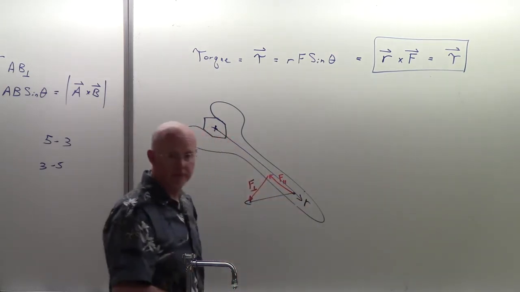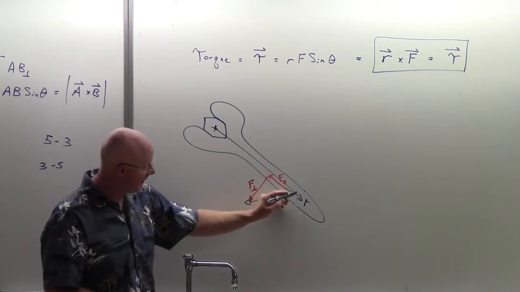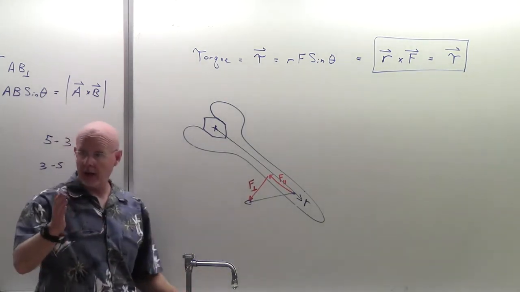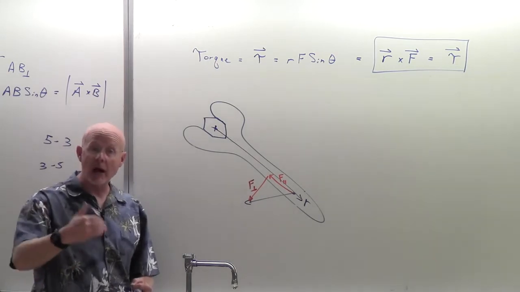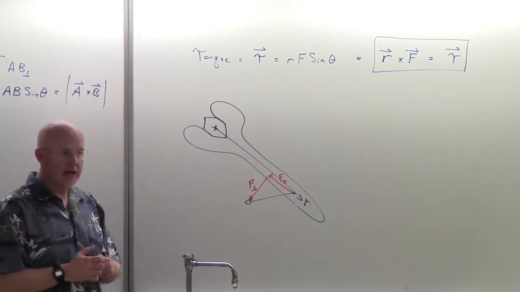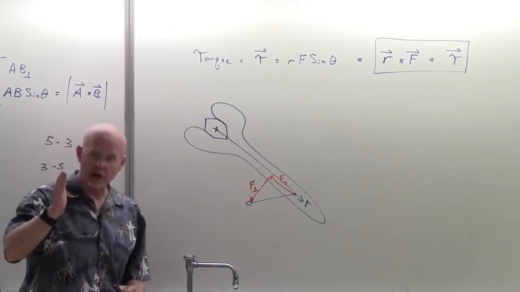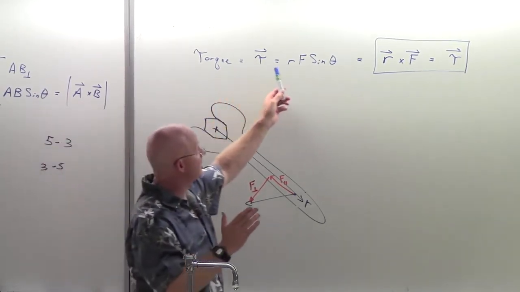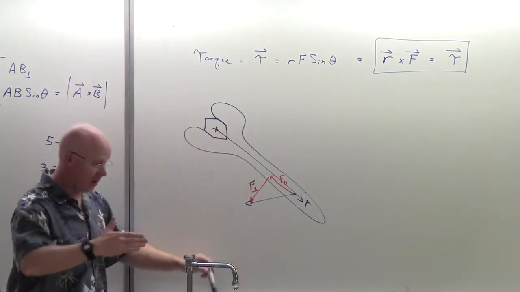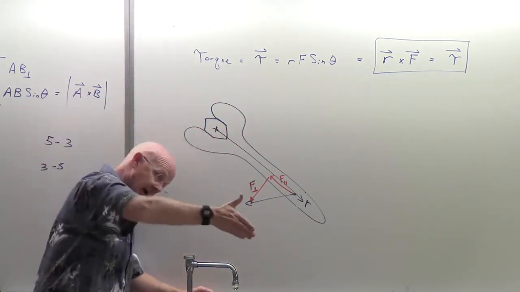So there's R. And there's F. So if I were to apply the right-hand rule, and I should say right-hand rule for cross products, okay, I would take my right hand and I would put my fingers in the direction of the first vector that is listed, R. Okay, there's R.